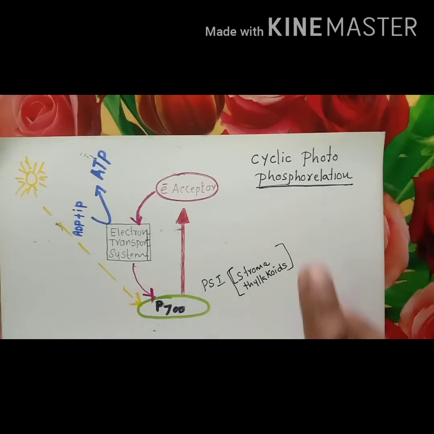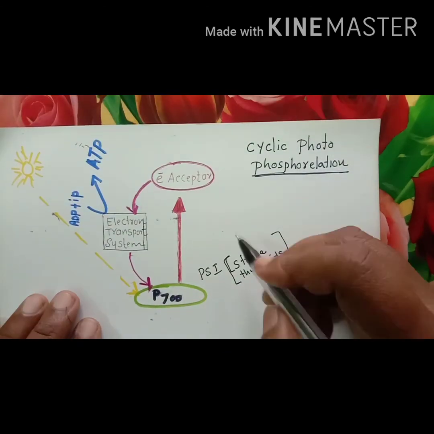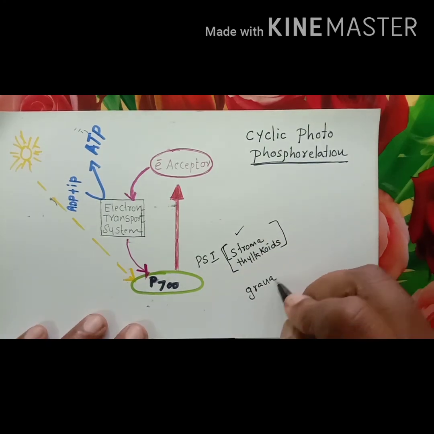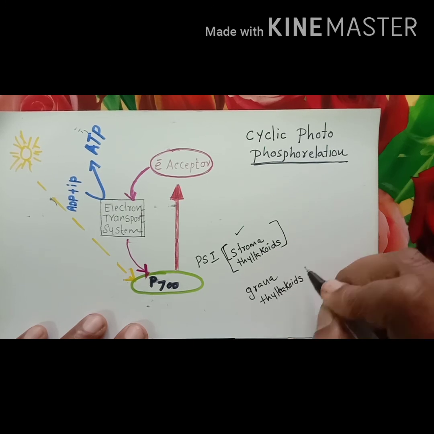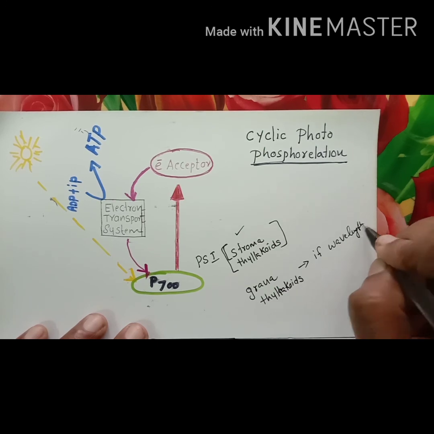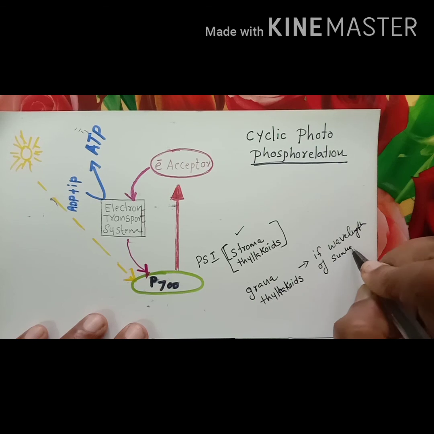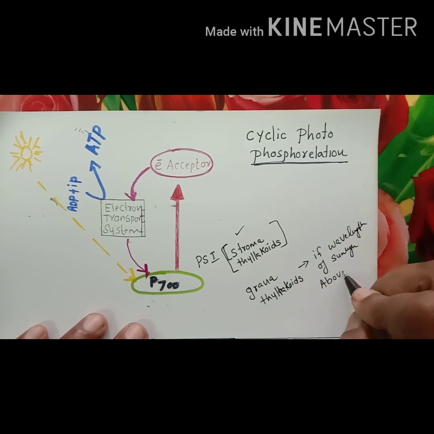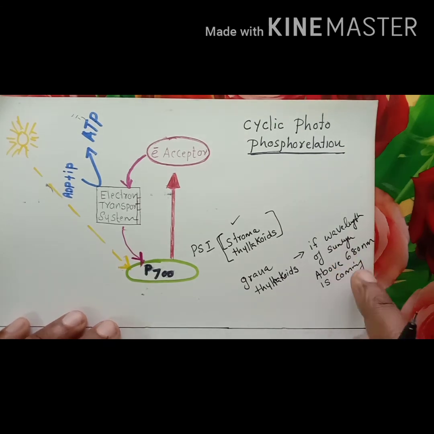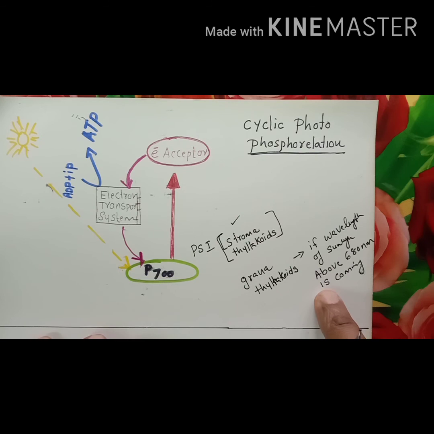So this cyclic photophosphorylation mainly occurs in the stroma thylakoid, and also in grana thylakoid if the wavelength of sunlight above 680 nanometer is coming.